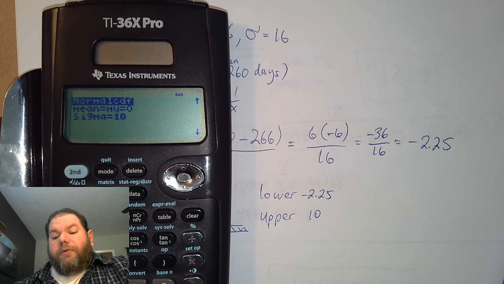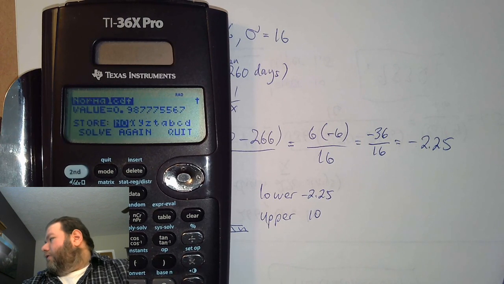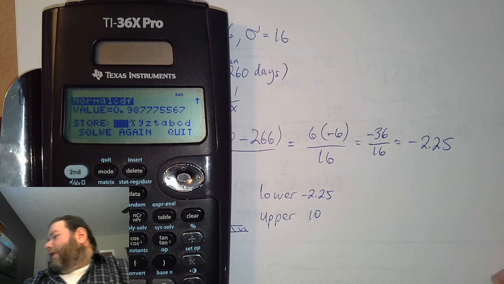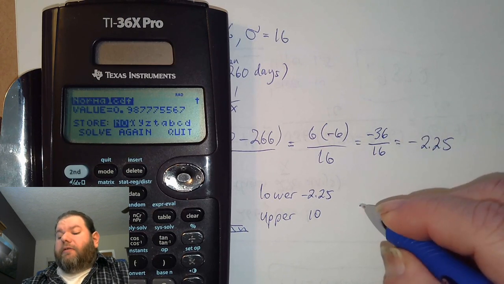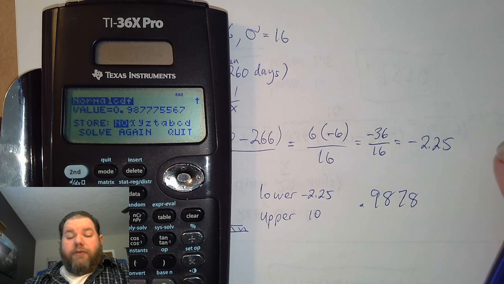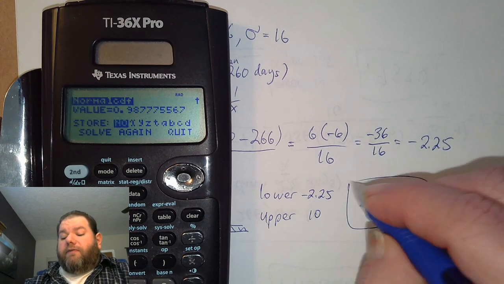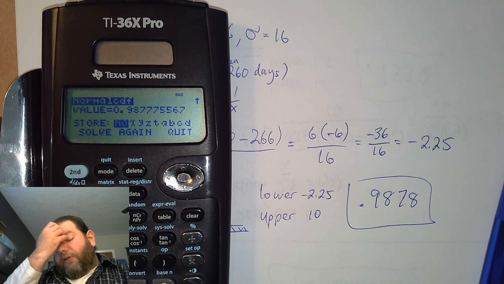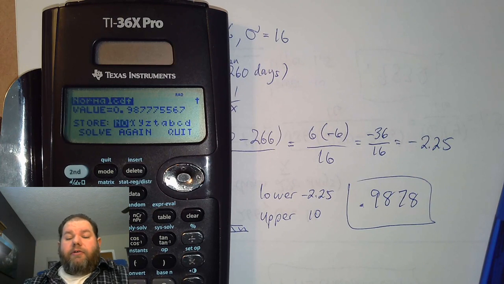Now we have negative 2.25 and 10. Calculate. Yeah, 0.9878. Very large chance that for a sample of 36 individuals, the average length of pregnancy will be at least 260 days. Almost 99% probability.